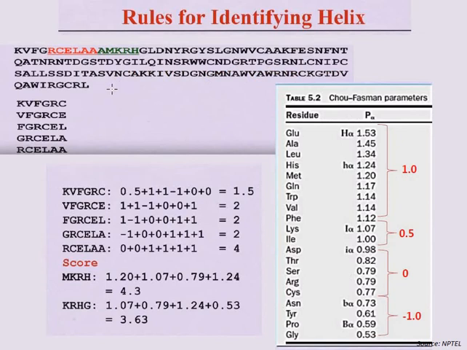So you can apply these rules throughout the sequence to identify the alpha helices and beta sheets. And if the residues don't form alpha helices or beta sheets, they should be part of the coils. So that's how the Chou-Fasman method works.